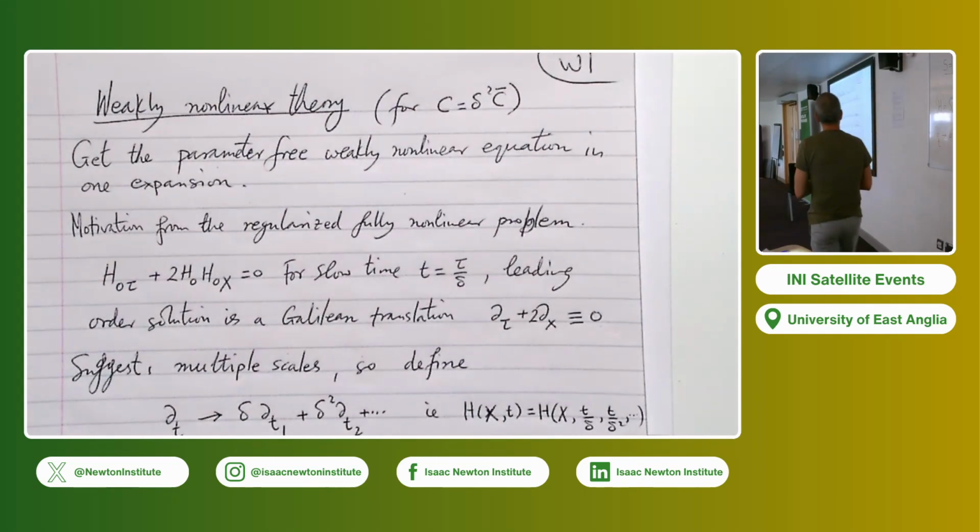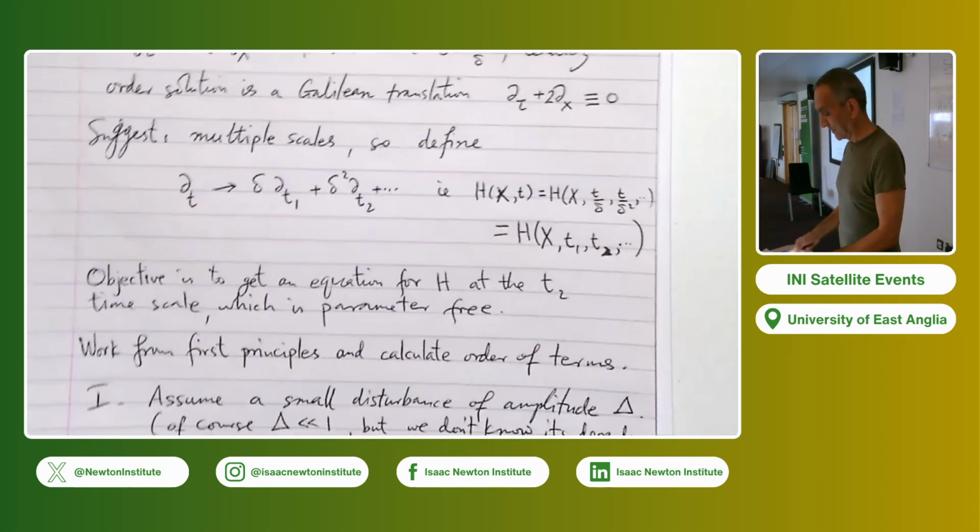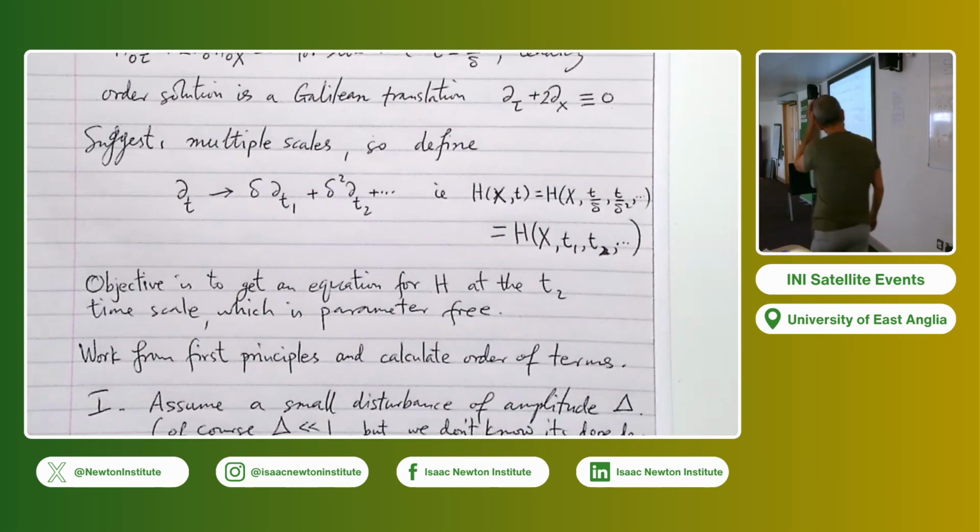So the idea now is to look for a solution, directly look for a solution of the exact equations, the Navier-Stokes equations, where I will do multiple scales in T. So I have delta T, T1, delta squared T, T2, and so forth, and also looking for long waves.